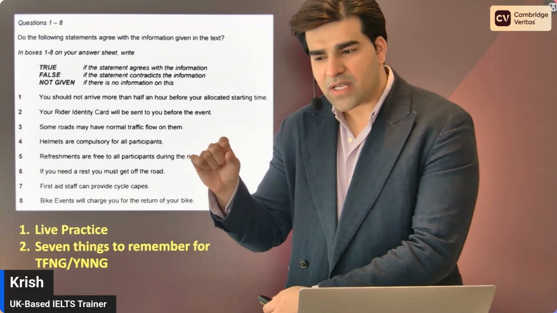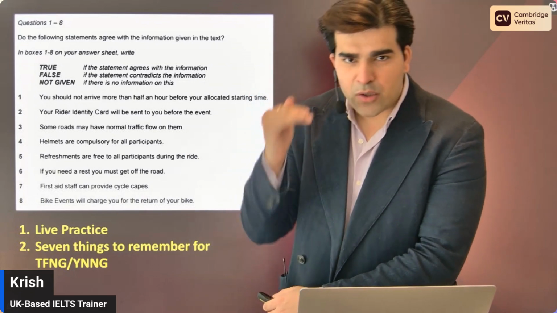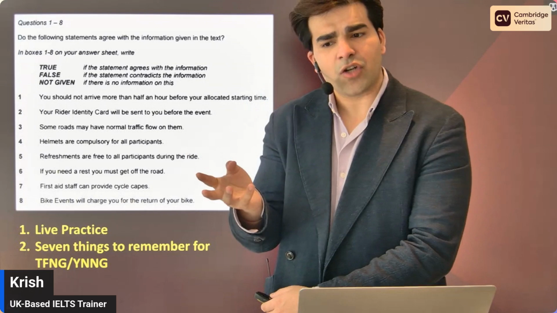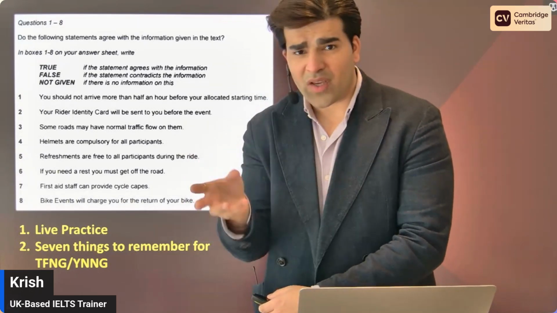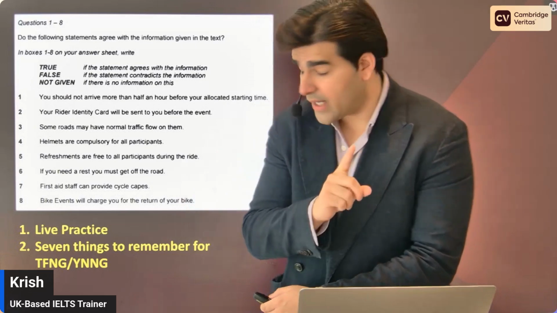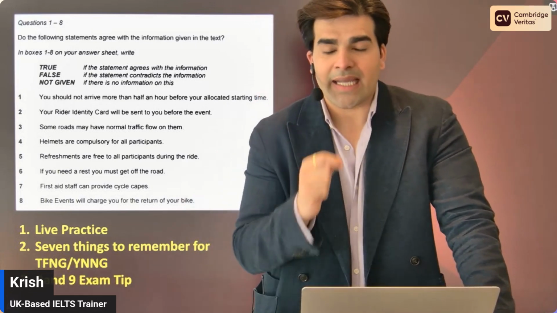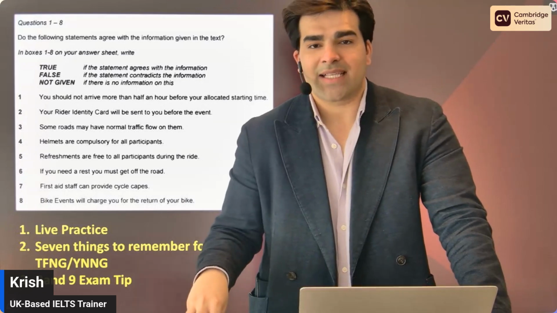Throughout the last 15 years, I've seen that these 7 things are so important, and students lose marks because they do not know one or the other thing about these elements of the question type. So we'll work on that. And finally, there's a very important band 9 tip that I will give you in the next 10 minutes.